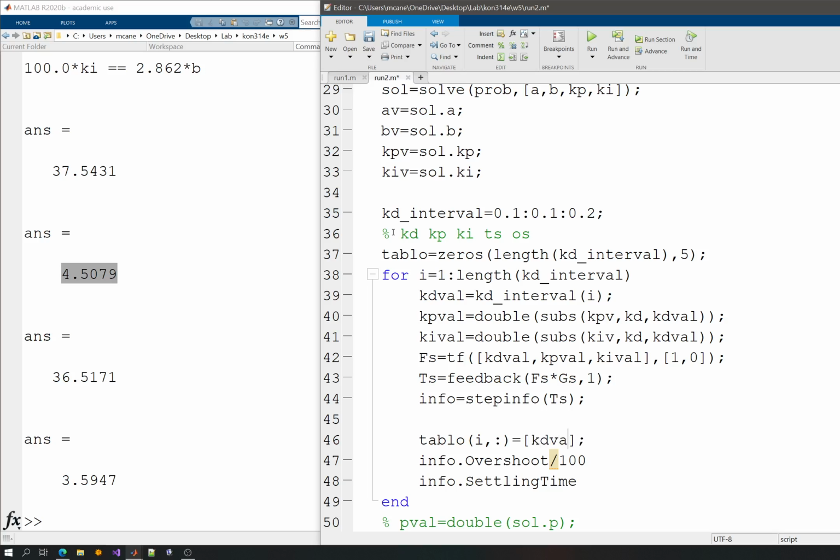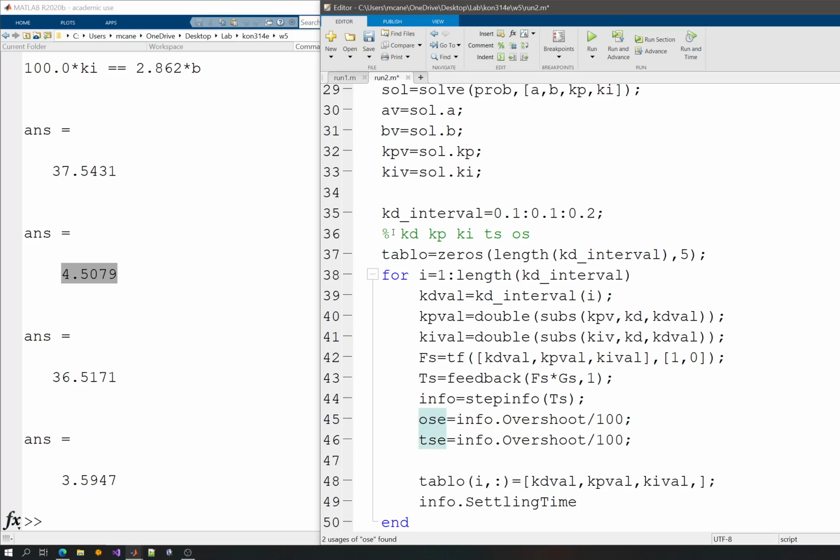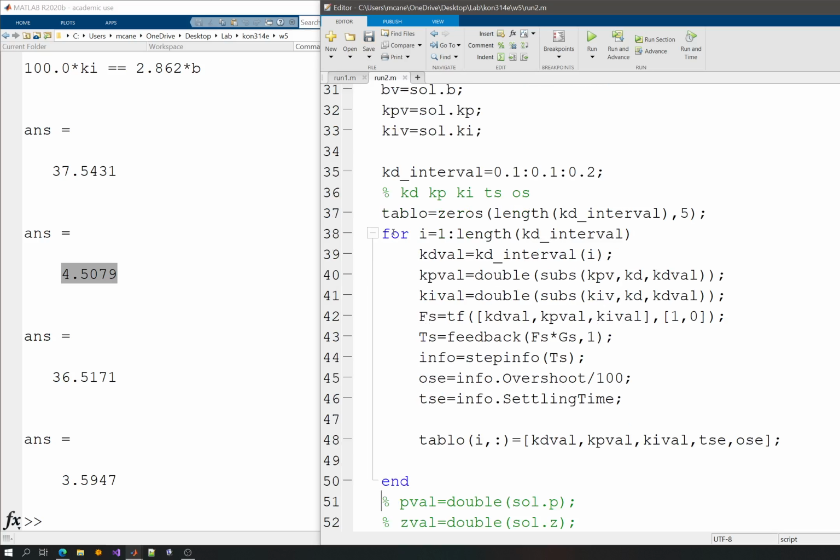So KD val, comma KP val, comma KI val, comma settling time and overshoot. So maybe overshoot experimental, and then settling time experimental. There we go. Once I'm done with that, I will then see what the table looks like.